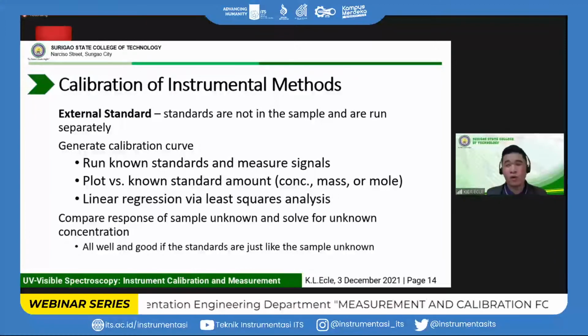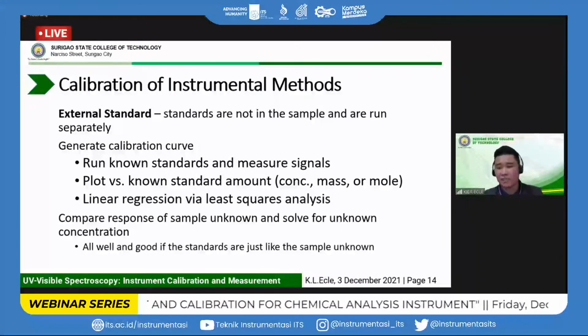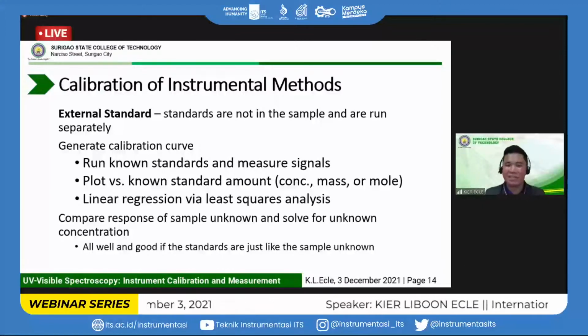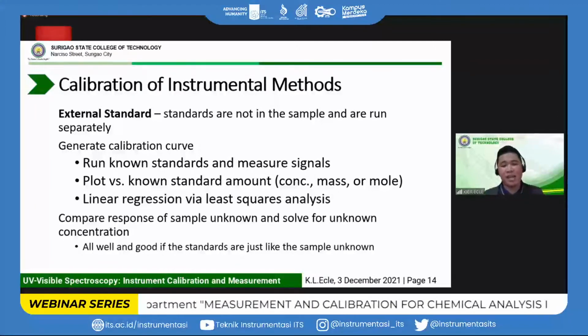For example, you get the absorbance and the concentration, and you determine the relationship between them. That is how you generate data out of this particular method, the external standard calibration technique.